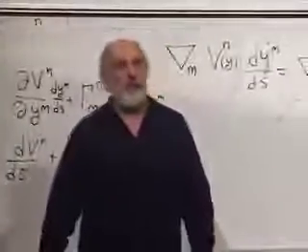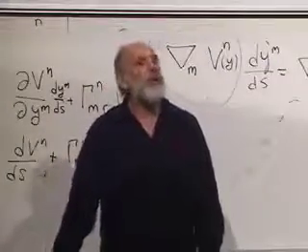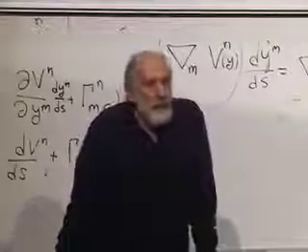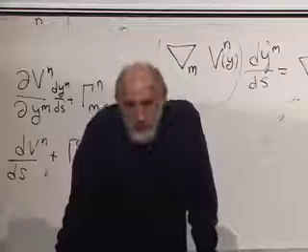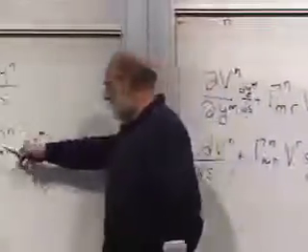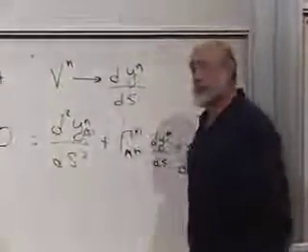But that's the general definition of a geodesic. A geodesic is a curve whose tangent vector is covariantly constant. Covariantly constant means that the covariant derivative of the tangent vector is equal to 0.